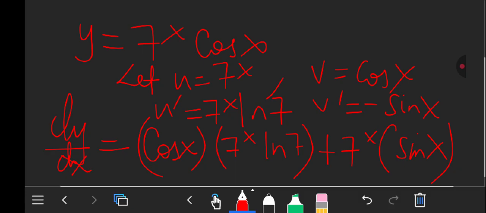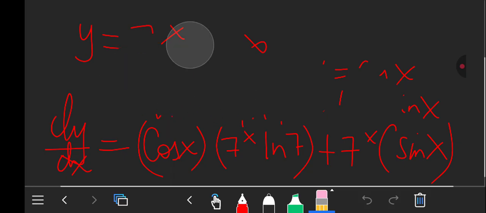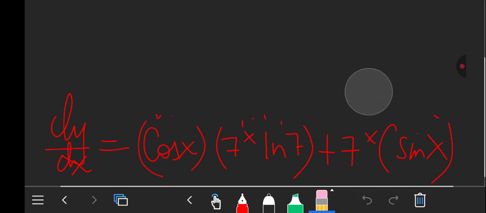At this point, what you can do is factorize 7 to the power x. That is the possible way you can simplify it.